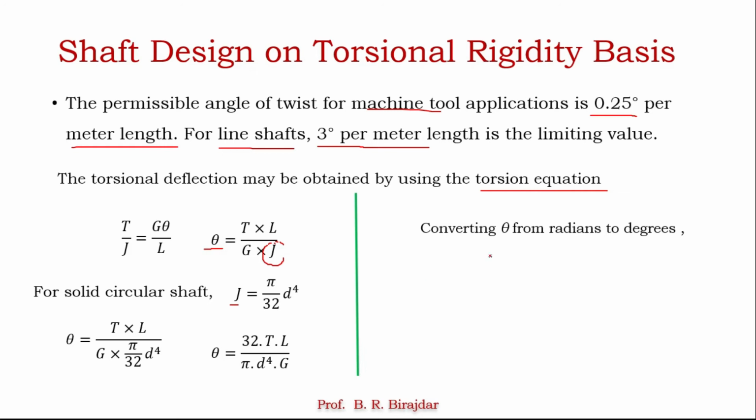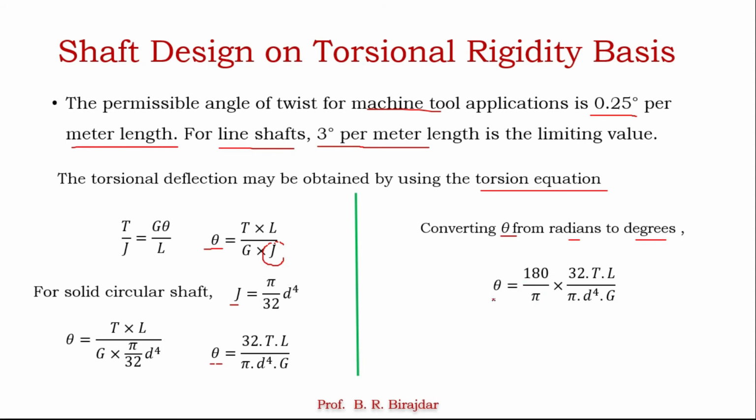Now whatever angle we got is in radian. We will convert this theta from radian to degree. When we convert radian to degree, we multiply by 180 by pi.